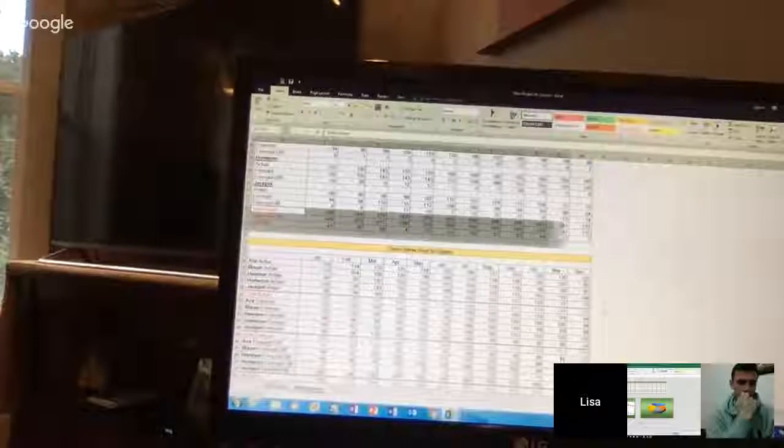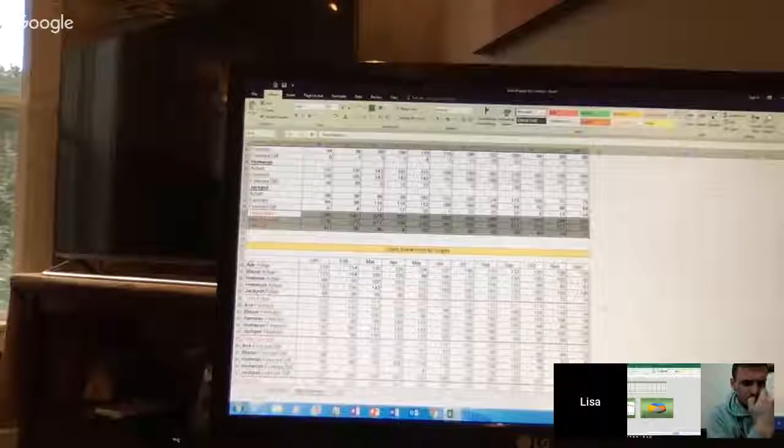So that would be at the top. So I don't even need that second chart because it's right here. See it right here? Which second chart? This one here.